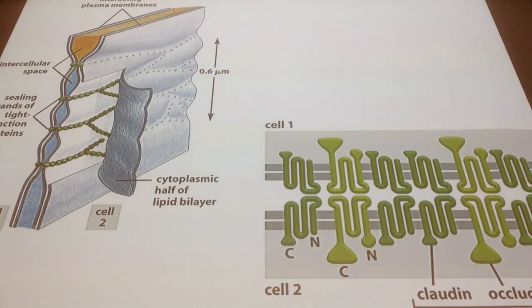The transmembrane adhesion proteins happen to be both claudin and occludin. Even though there's a mix of claudin and occludin in tight junctions, they also form homophilic binding. So claudins from one cell will interact with the claudin from the other cell, and occludin from one cell would interact with occludin from the other cell.